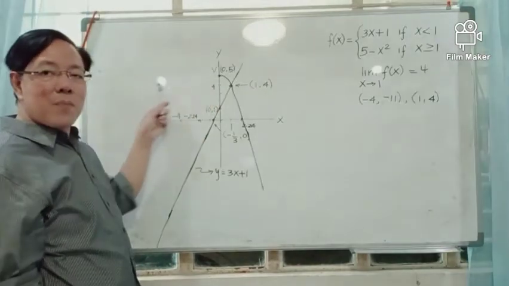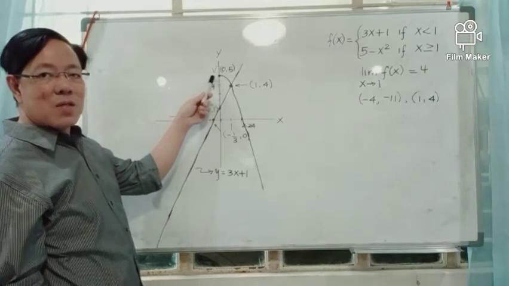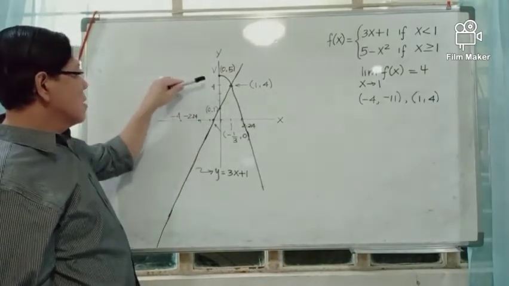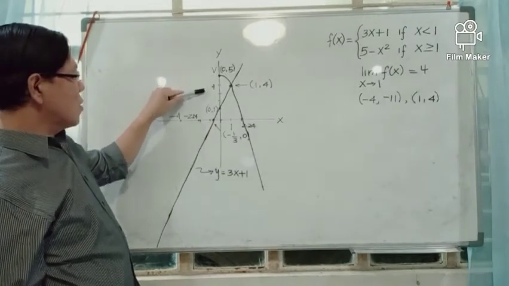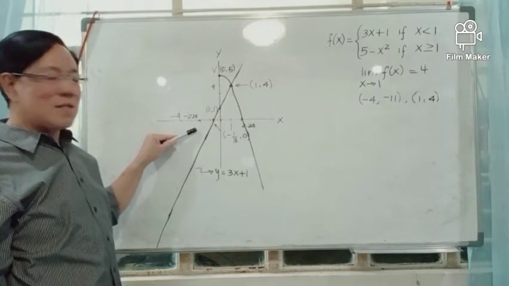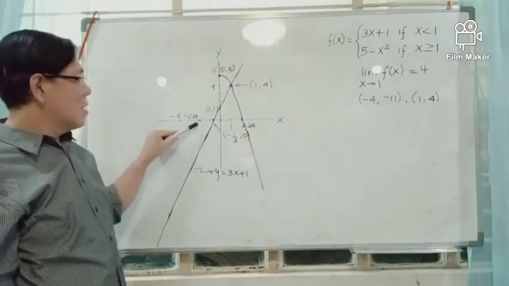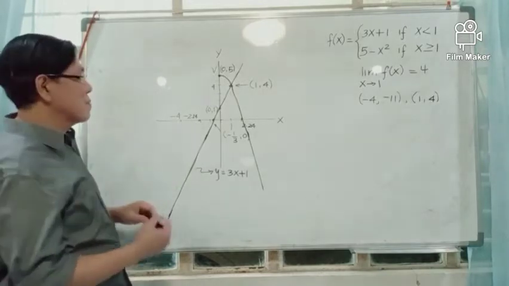To the left of the y-axis, we also draw the part of the parabola to the left of the y-axis. From the vertex, the parabola will go downward. It will intersect the x-axis at this point, x equals negative 2.24. This is also the x-intercept of the parabola.